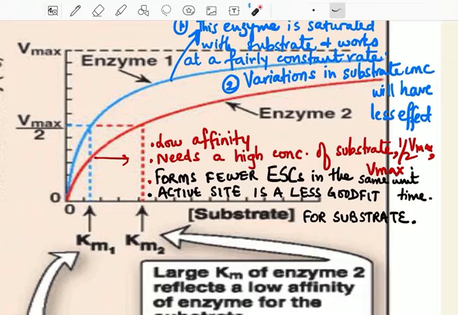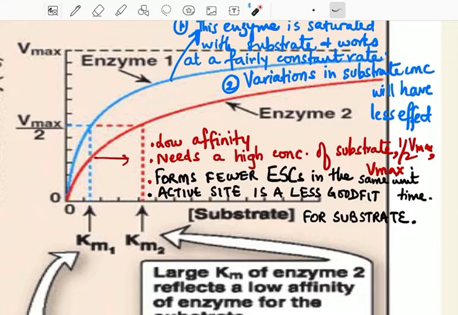And एक और चीज़ भी है कि the enzymes with the high Km जो red वाला ग्राफ है, in them the active site is a less good fit for substrate. ये ज़रूरी है लिखना इसलिए कि when you say the enzyme has a high Km, इसका मतलब ही ये है कि that enzyme has a very low affinity for its substrate. तो क्या मतलब हुआ इस बात का कि इसकी affinity low है?